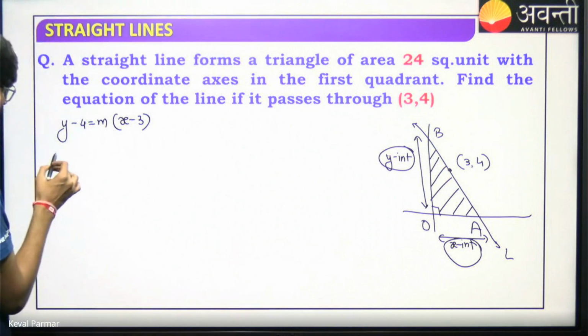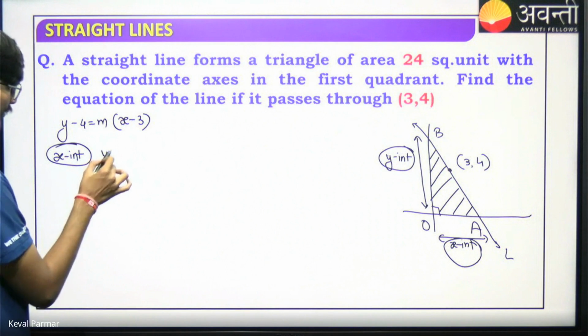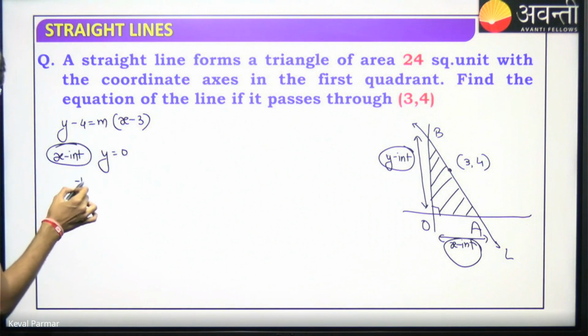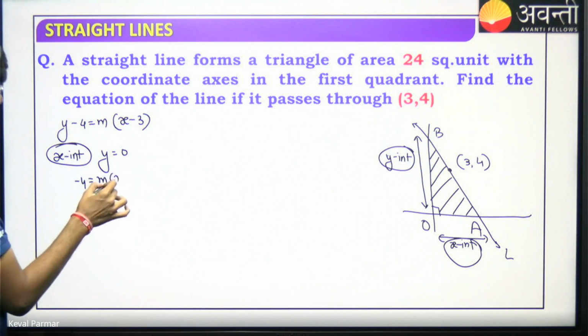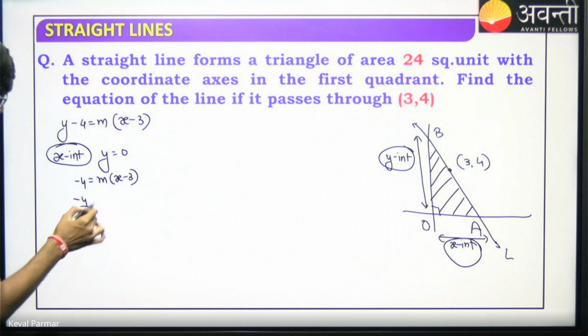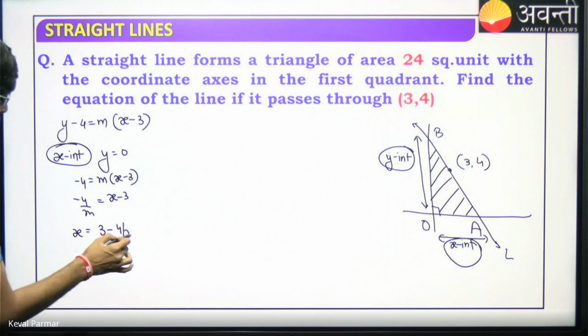How can we get the x intercept? Simple, guys. Put y equals 0. I'll get minus 4 equals m times (x minus 3). So minus 4 by m equals x minus 3. So I got the x intercept as 3 minus 4 by m.